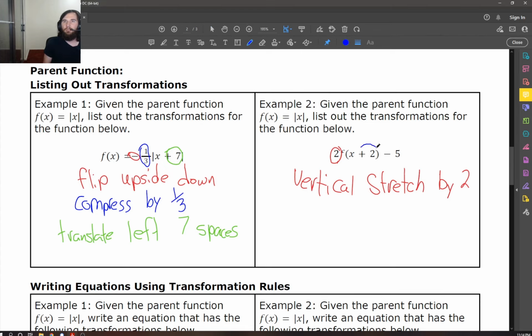And the plus 2, that means we are moving to the left 2 spaces. Translate left 2 spaces. And the minus 5, that's a k, right? So that's going to be translate down 2 spaces.